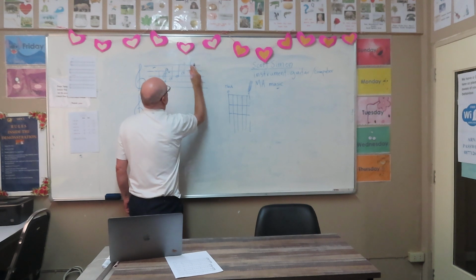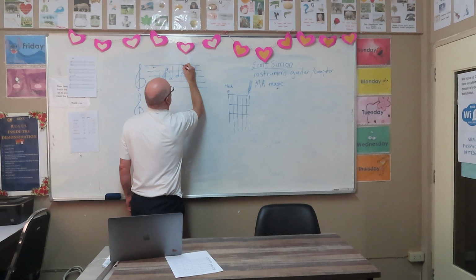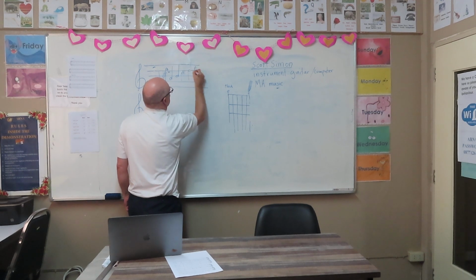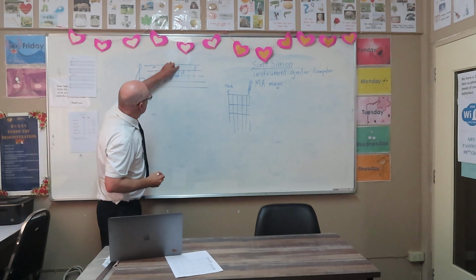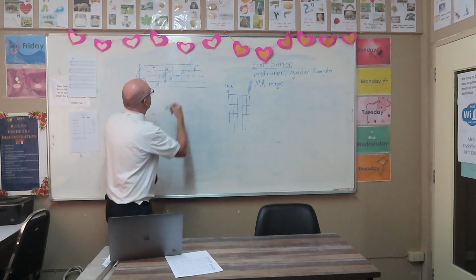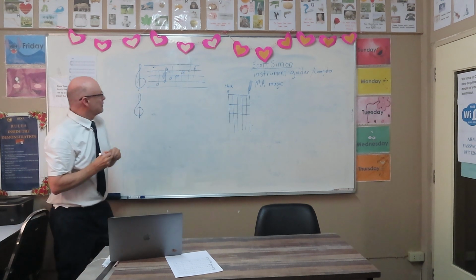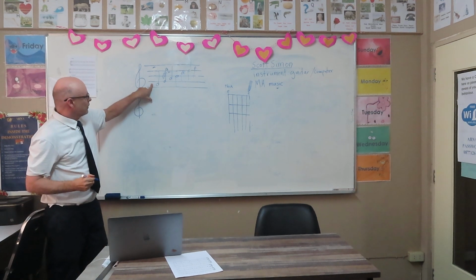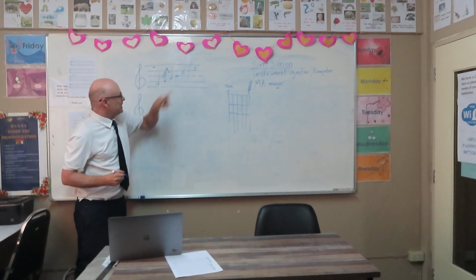After you get to B, this convention says you do it that way. So actually this one as well. We've got this first note here, which is F, G, A, B, C, D, E.